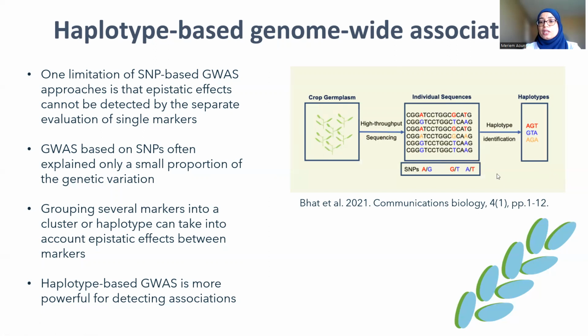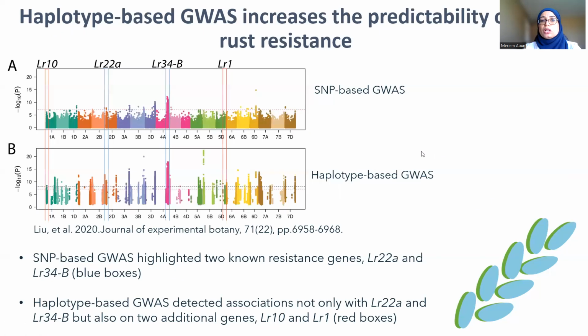So here I'm showing you an example of how haplotype-based GWAS can improve the power of detection compared to SNP-based GWAS. In this study that was done on leaf rust resistance, the SNP-based GWAS allowed the identification of fewer associations compared to the haplotype-based GWAS.